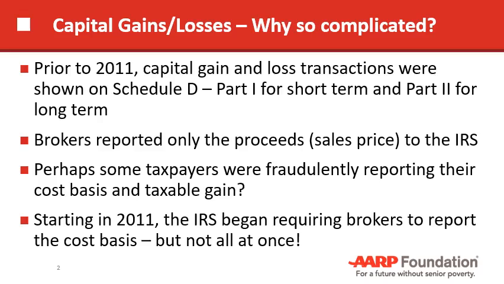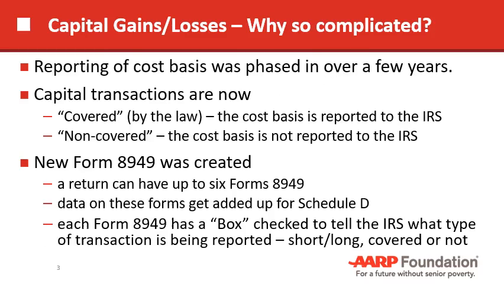So, starting in 2011, brokers were required to report the cost basis along with the sales proceeds. But nothing is simple. They didn't have to do it all at once. It was phased in over a few years.